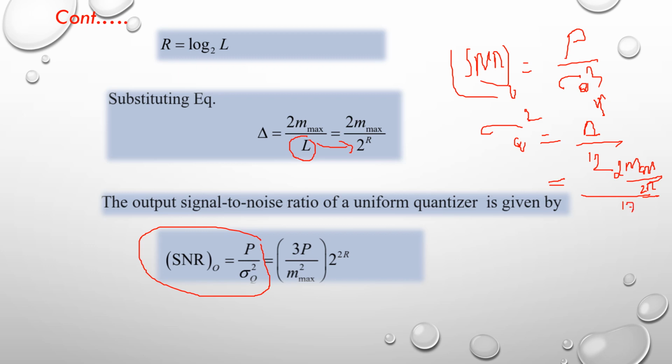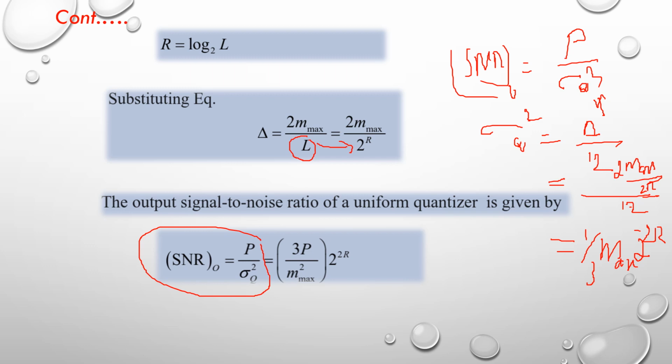Simplifying this equation, we get 1 by 3 m maximum squared into 2 to the power minus 2R. So this is the equivalent value for sigma q squared.